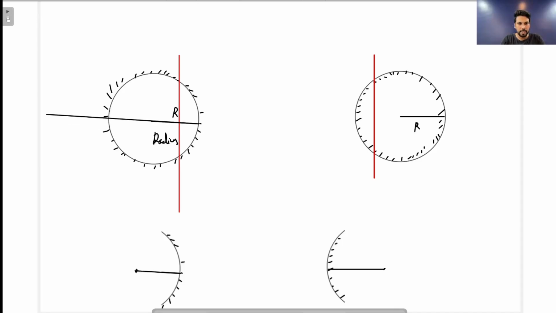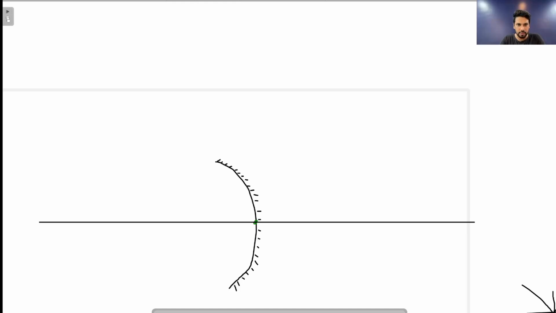Let's imagine this point is the center of the sphere. This will be the center of the sphere from which this part of the mirror has been taken.